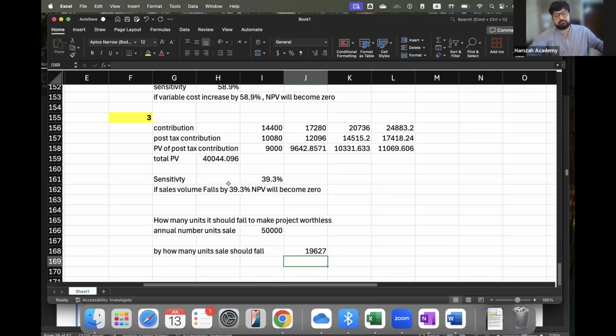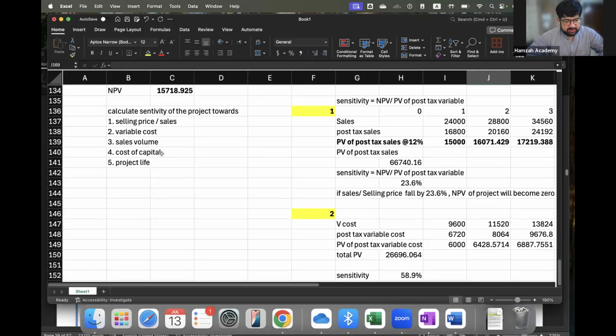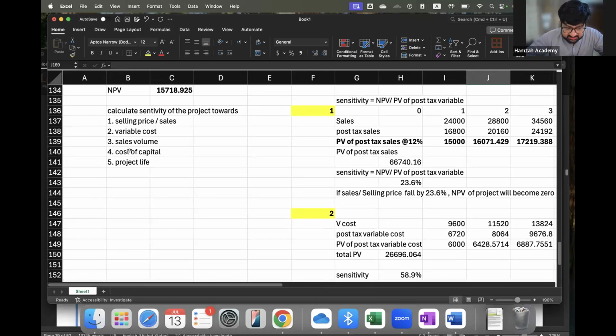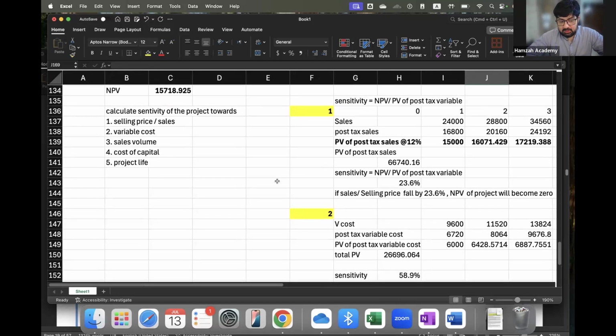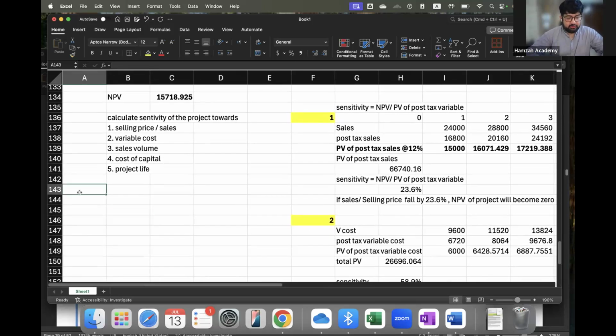Next, the next point is, so sales volume is done. Cost of capital. Now for cost of capital, fourth, we need to calculate what is IRR. IRR is the rate at which NPV will become 0. So from cost of capital to IRR, how much should cost increase to make NPV 0?